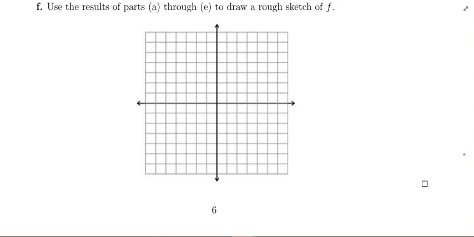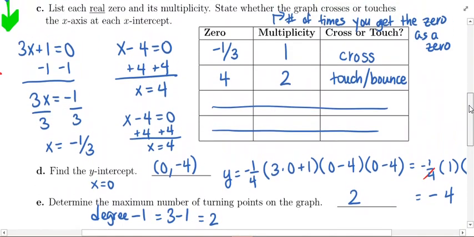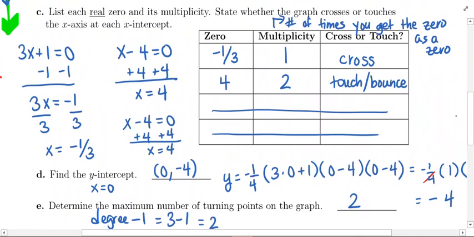So the first thing you're going to have to do is come up with a scale on your X and Y axes. You have to do that, otherwise I don't see where you're plotting your points. First, let's start with the X axis. That is going to be dependent upon what your zeros are. I have 2 zeros, -1/3 and +4.